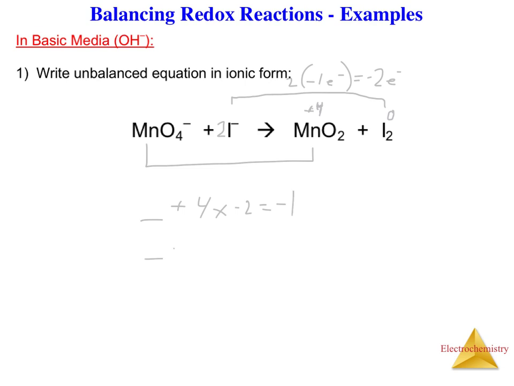So that means blank plus minus 8 has to equal minus 1, and therefore my manganese has to be at a plus 7. So my manganese in permanganate is at a plus 7 oxidation state. So manganese goes from plus 7 to plus 4. It gains 3 electrons.